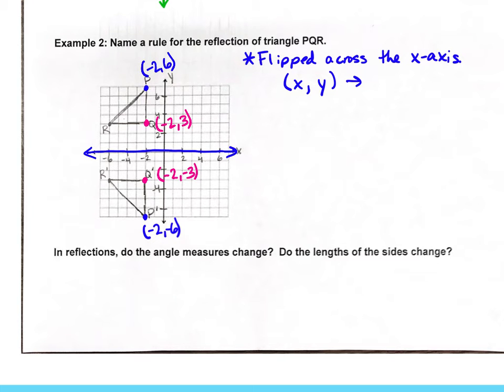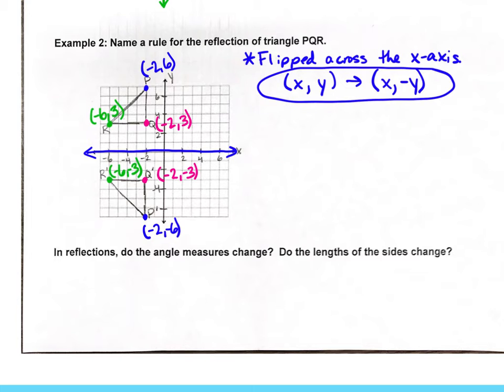And then we'll look at point R. R was at negative 6, positive 3, and then R prime is negative 6, negative 3. So once again, the x value stayed the same, but the y value changed its sign. So we've named our rule. That is always the rule for a reflection across the x-axis.